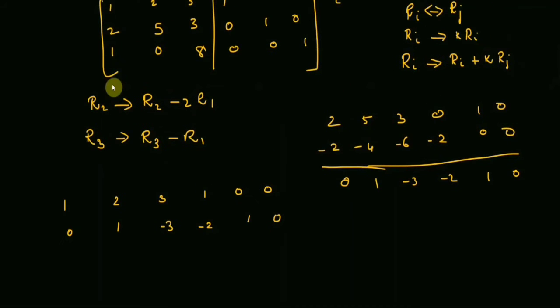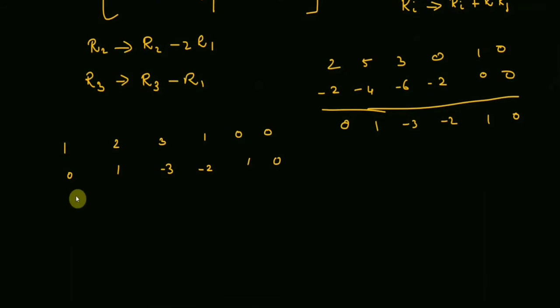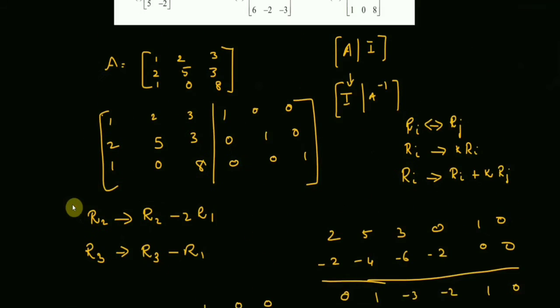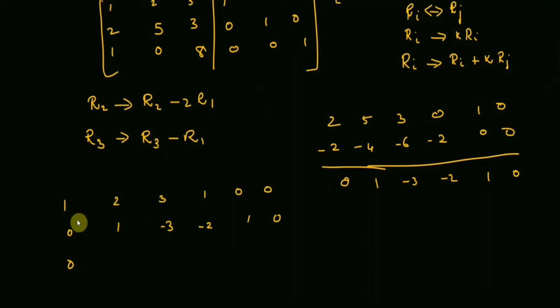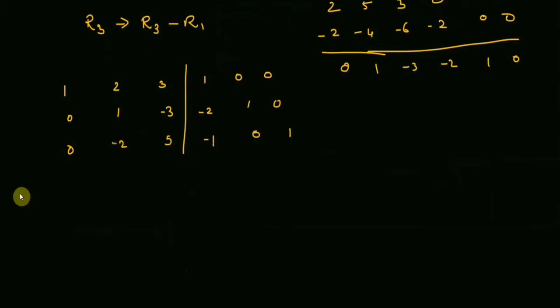For the third row, you're going to subtract R1 from R3. So 1 minus 1 is 0. Then 0 minus 2 is minus 2. 8 minus 3 is 5. 0 minus 1 is minus 1, then 0, 1. Put a line in between. So that is your augmented matrix.